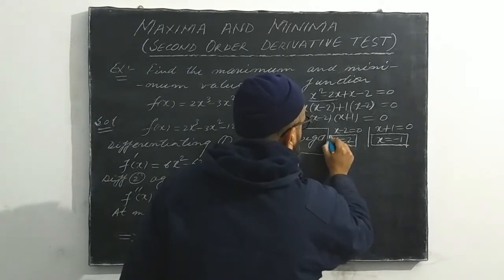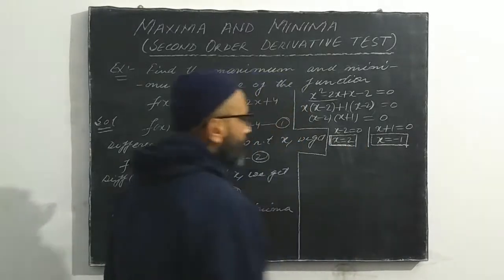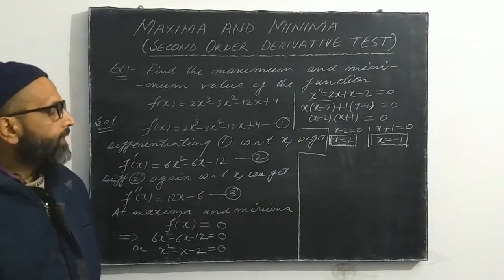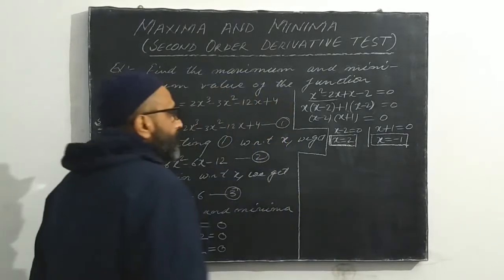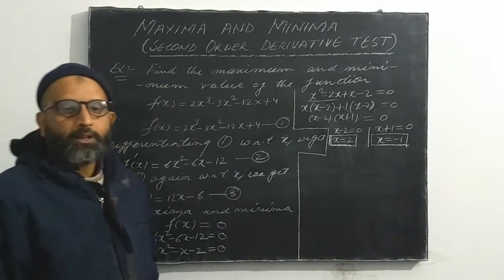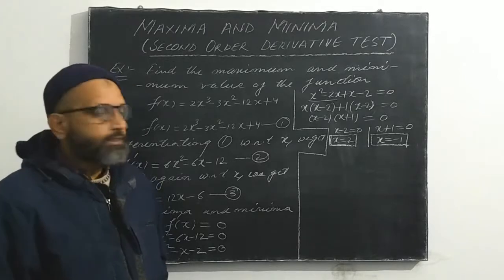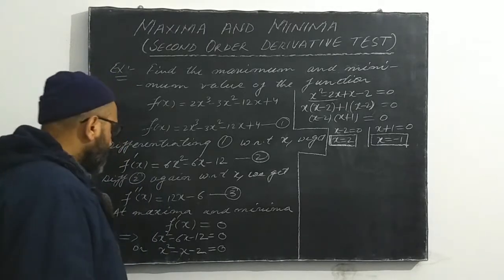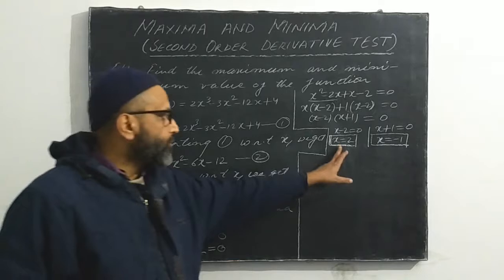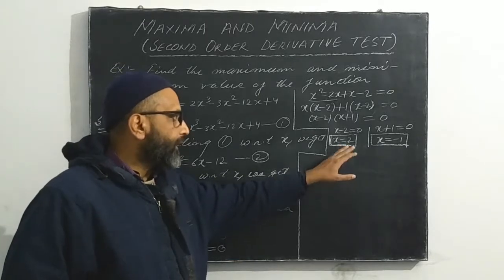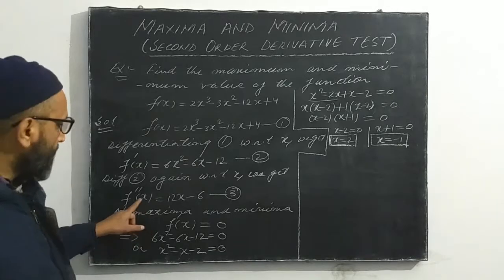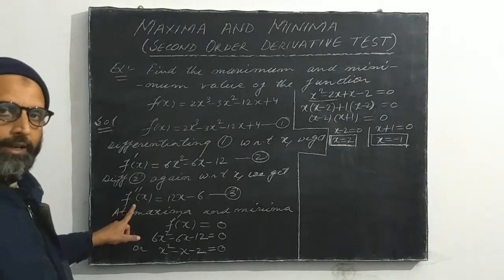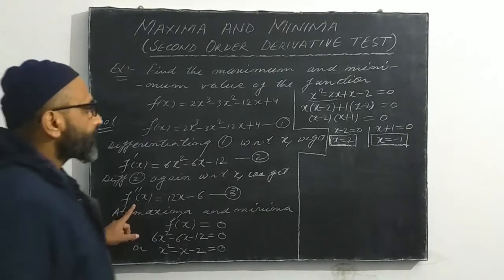Such points are called stationary points or critical points. Now we have to check at which point the function has its maxima and at which it has its minima. For that purpose, we substitute the values of x obtained here one by one in equation number 3 to check whether the second derivative is positive or negative.